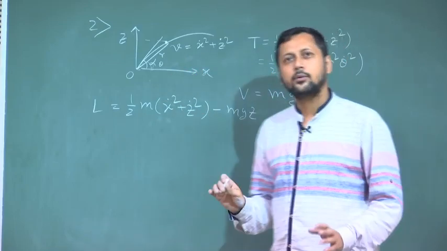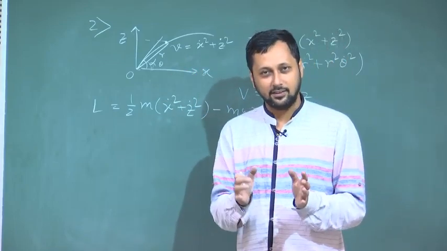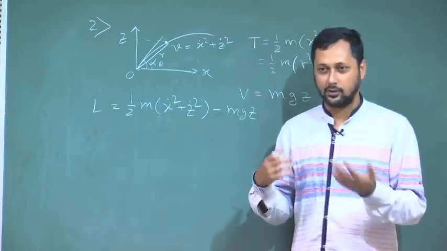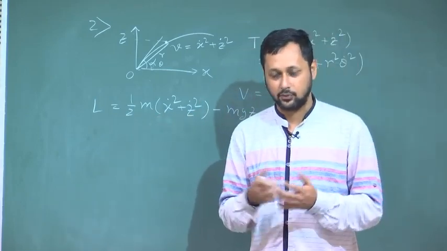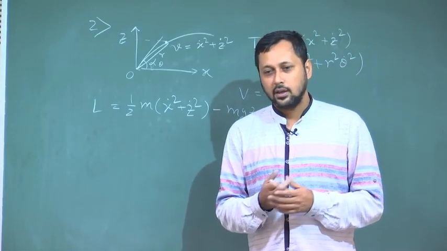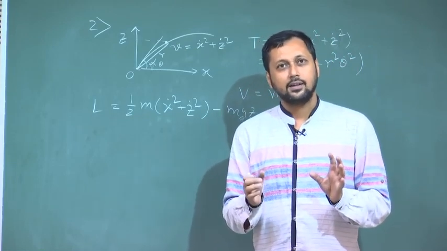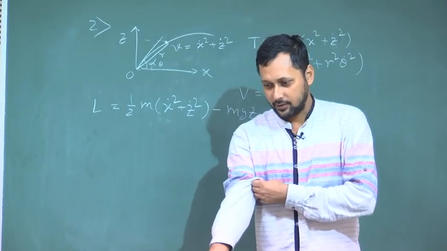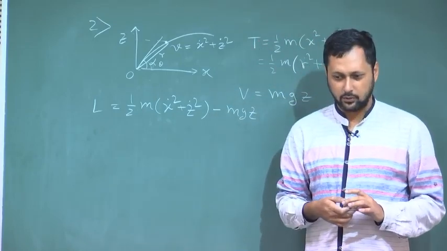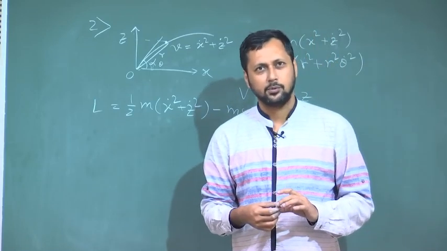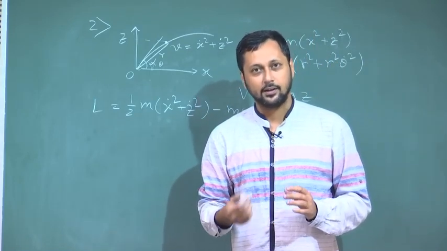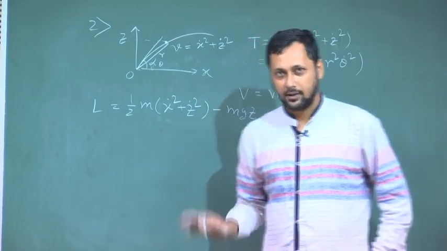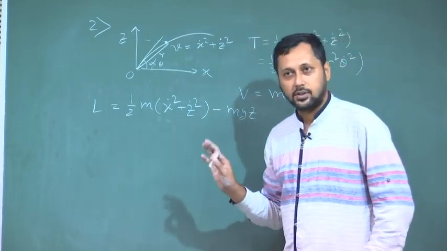In the next few lectures, whichever example we take, you will hardly ever see kinetic energy being a function of coordinates also. Of course, when we discuss small oscillations, there can be cases where kinetic energy is potentially a function of coordinates, but right now let us not do it.